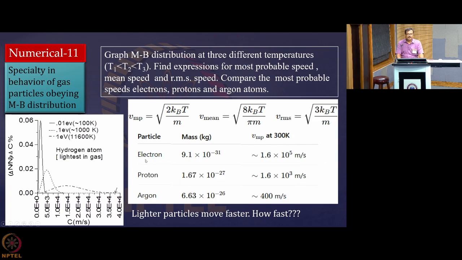And for the electron, it is around 100,000, that is 1600 times 1000, meter per second. Okay. So, you compare: this is 400, then this is of the order of 1000, and this is of the order of 100,000.